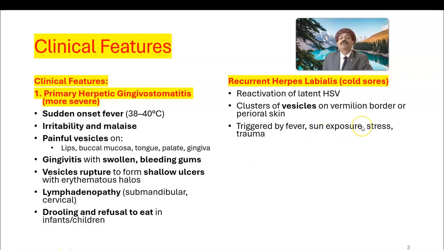Okay, a stressful situation like a medical student facing a board exam, or someone who lost money in stock, so they are tense. In that situation, recurrent herpes labialis is possible, a reactivation that comes from the trigeminal ganglion.